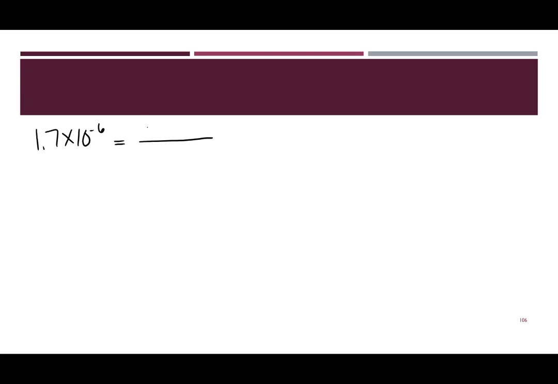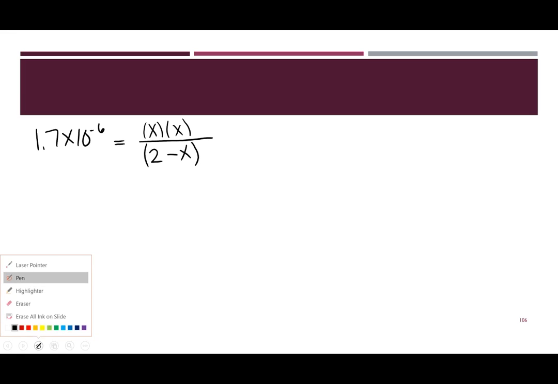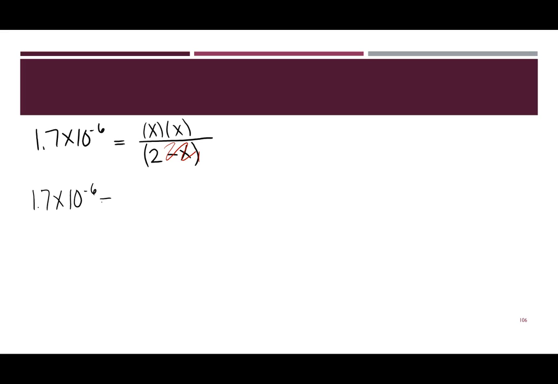Our concentration of our products at equilibrium are X and X. Concentration of our reactant is 2 minus X. Again, use quadratic if that's your cup of tea. I'm going to go ahead and use the x is small approximation, so I'm going to get rid of that variable. And it's going to clean up to 1.7 times 10 to the negative 6th equals X squared over 2.